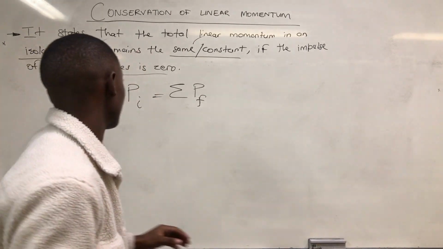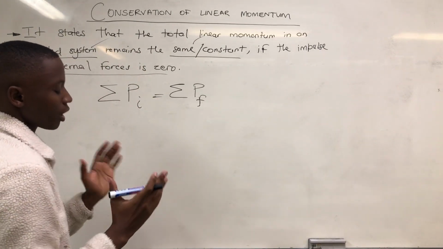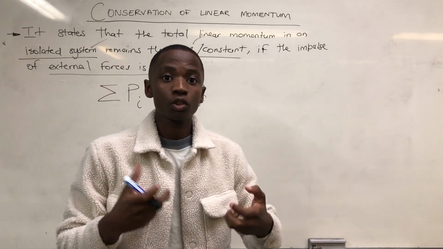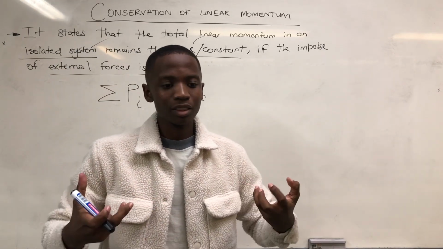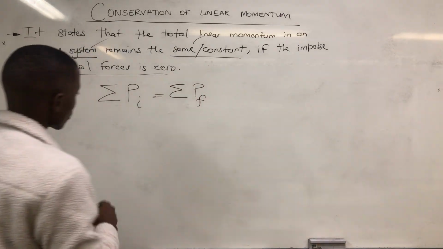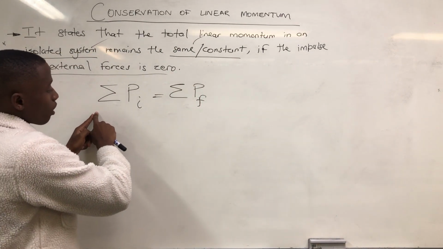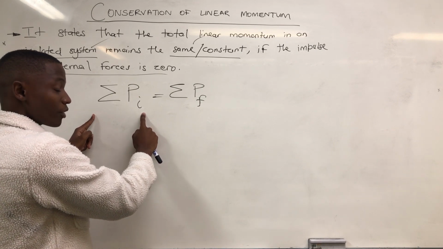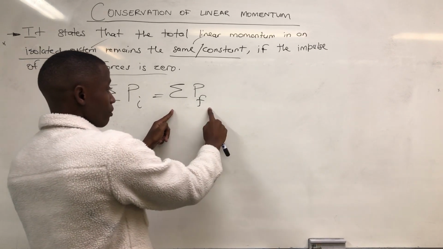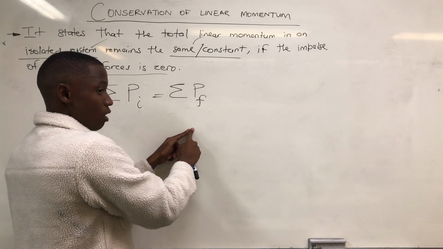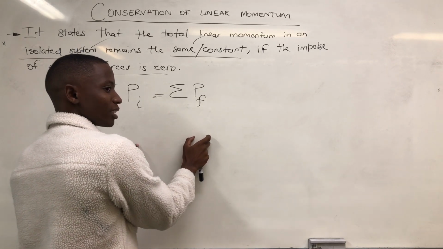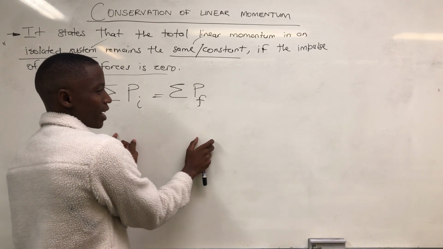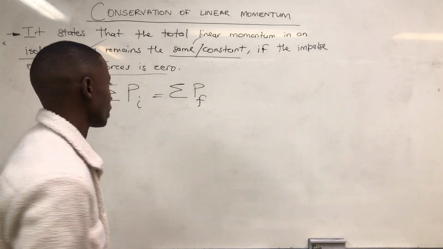So when we are doing calculations for 2 or several objects that are colliding, we add the sum of initial momentum of both objects and the sum of the final momentum of both objects, meaning that it's going to be the same. We're going to prove that through calculations.